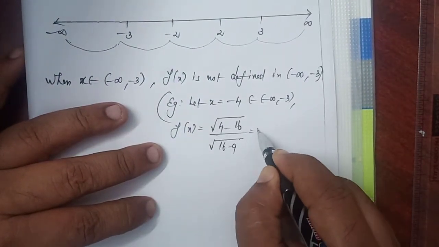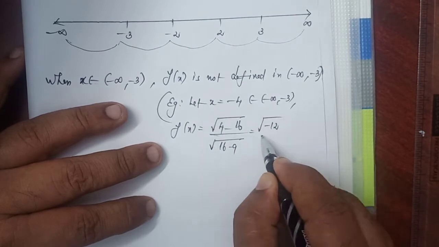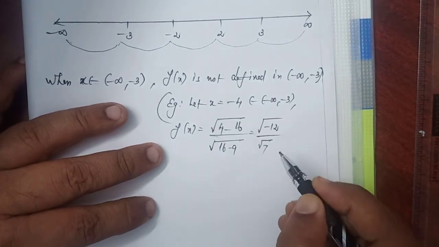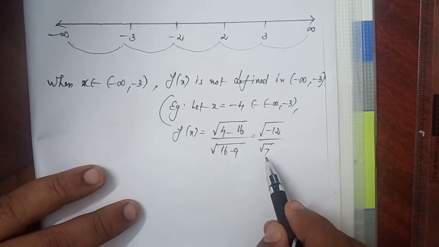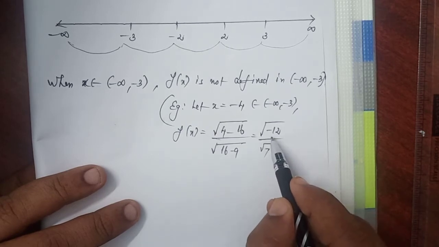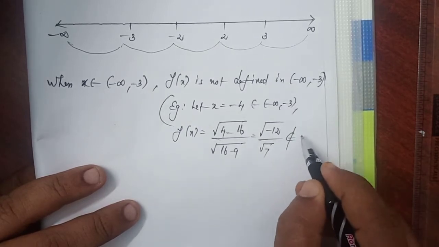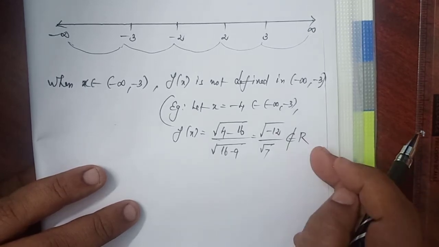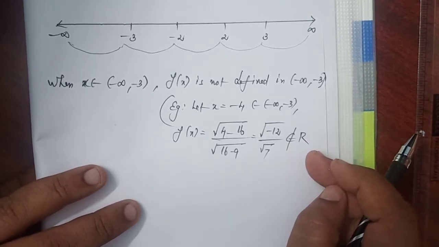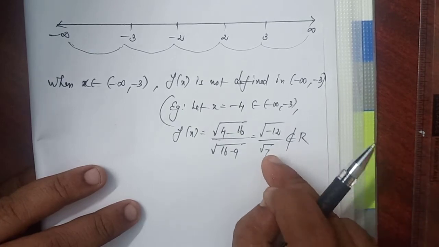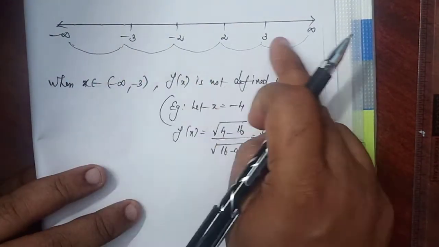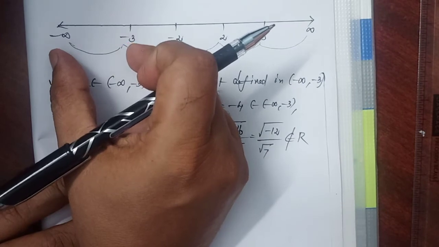That is equal to the square root of minus 12 divided by the square root of 7. Even though the 7 inside the square root is a positive value, look at the negative, this is minus 12. So it doesn't belong to the real numbers. Apart from the real numbers, there is a number called a complex number. So this value doesn't belong to the interval minus infinity comma minus 3.